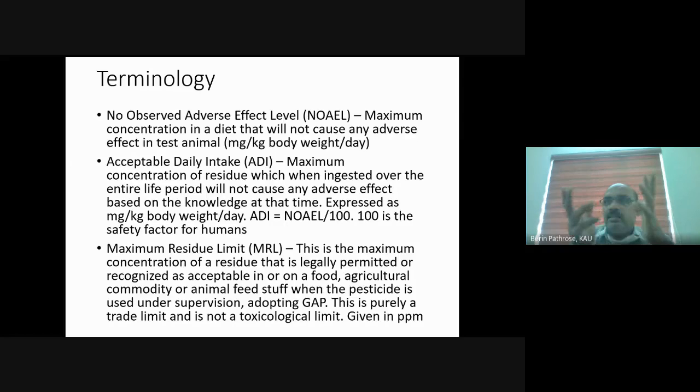They will say to spray the pesticide when leaf folder population is this much, or when the crop is at the maximum tillering stage. So at the maximum tillering stage, all the stations sprayed the particular pesticide, and they harvested the produce and checked the residues in the grain. And these 20 locations will report different values.